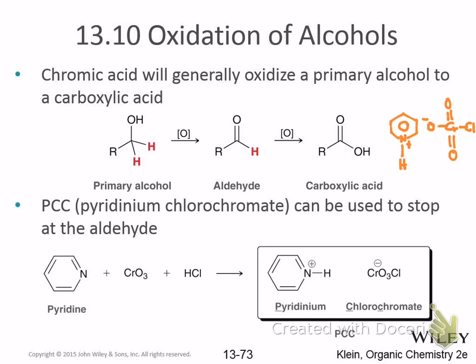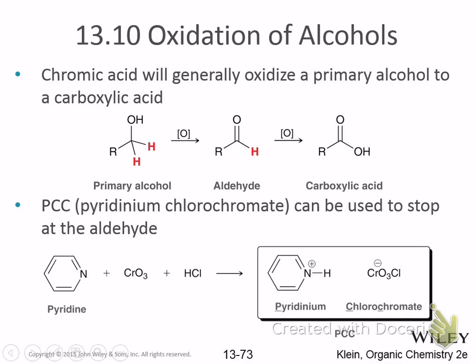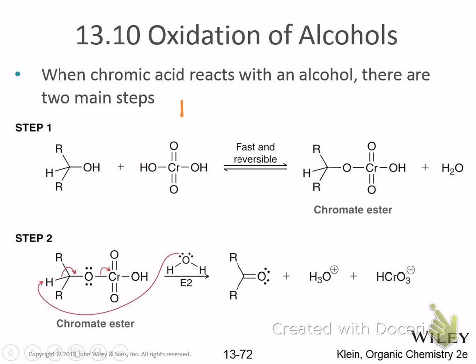So, if you go back in the chromic acid oxidation, all right, let me draw it. I'm going to draw it again here just so you can see it. Oh, and I'm going to cheat. I'm going to write PY plus. Not really cheating, I'm abbreviating.